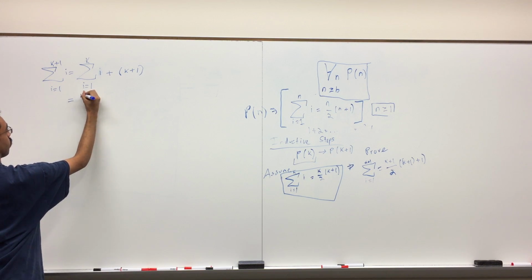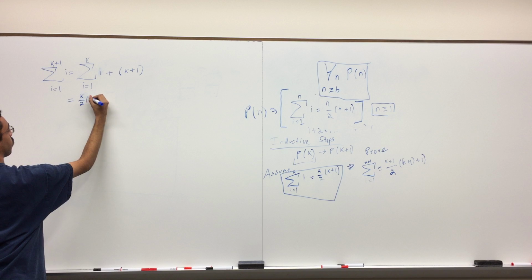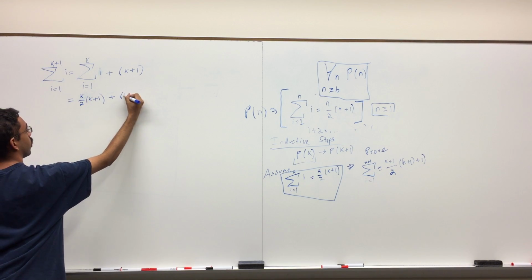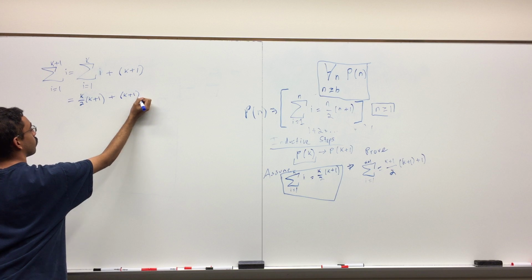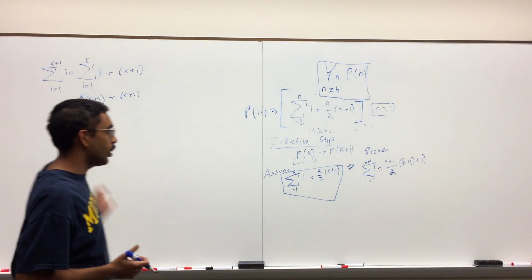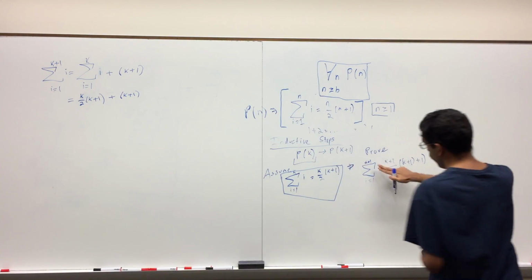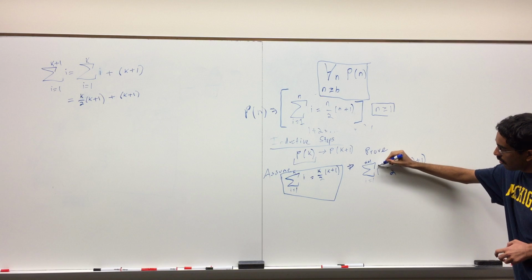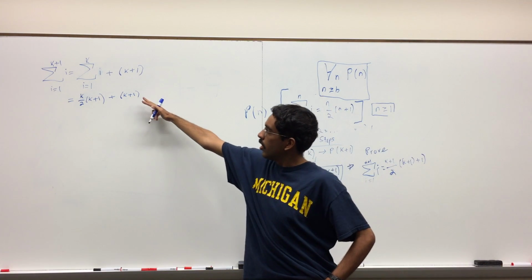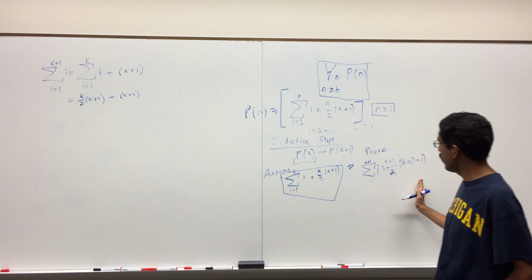This is equal to k over 2 times k plus 1 plus k plus 1. Okay, so we have this. We want to prove this. Somehow we need to show that that is equal to this.